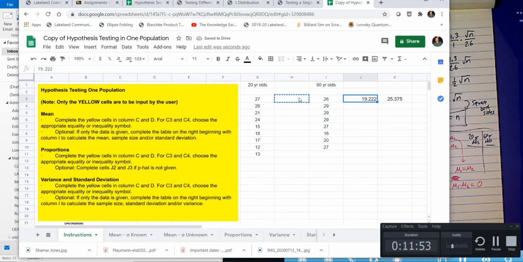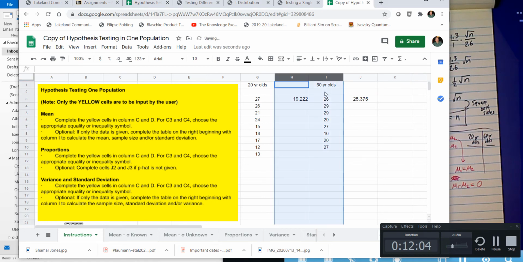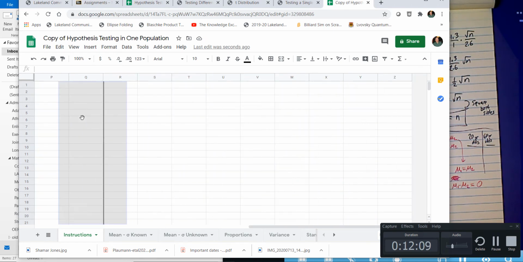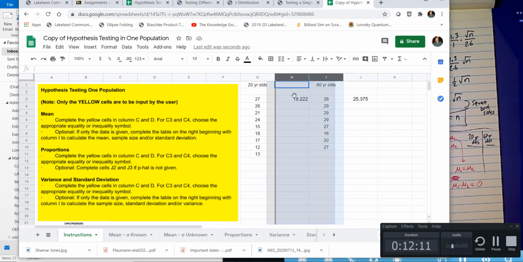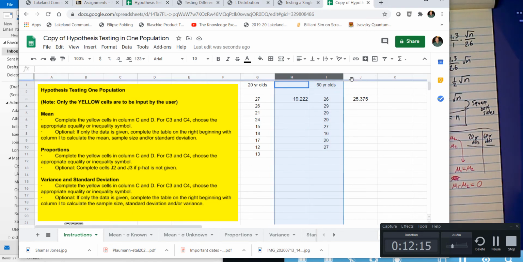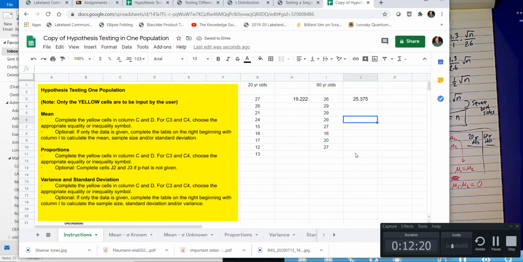I'll put the mean of the 20-year-olds right here, and the mean of the 60-year-olds right there. Actually, I'm going to move it over one more column. Oops, did that a little too fast. Let's see if I take all these values and move them over just a little bit.